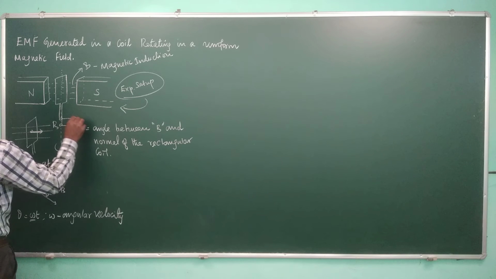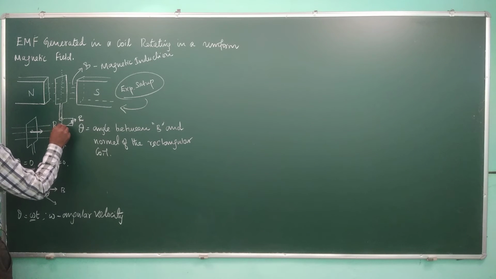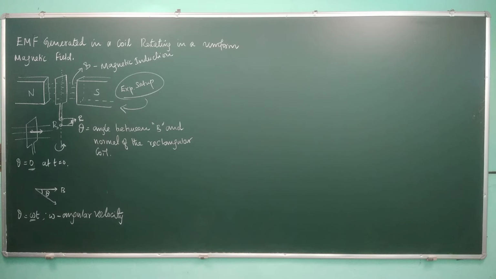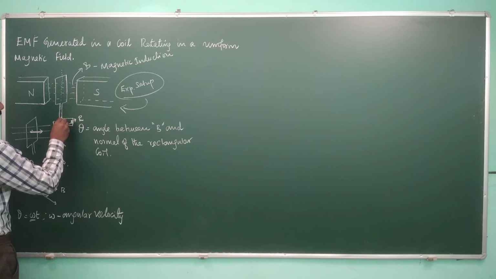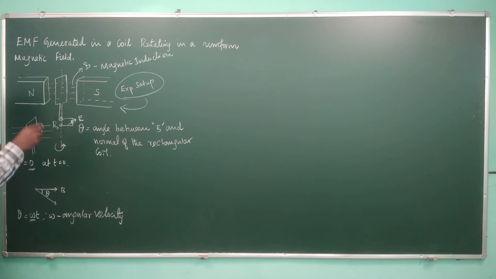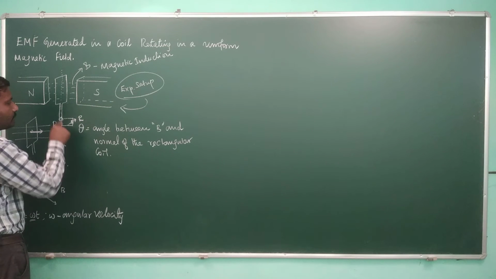At the bottom there are two brushes and two circular rings, and a setup is made in such a way that we can create a closed loop with a high resistance. Across the resistance you can measure the potential difference, and if you connect an ammeter in series with the resistance, you can measure the current.